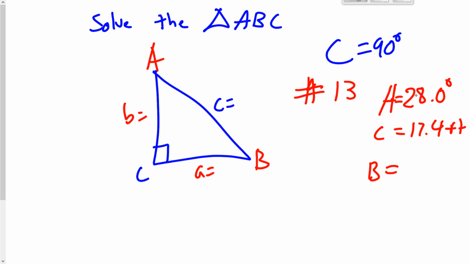So if I add 2, that'd be 30, and 60 would be 90, so 62.0 degrees, with significant figures. And then we know C is 90 degrees. And now we know the hypotenuse, correct? C is our hypotenuse, so we want to find little a.